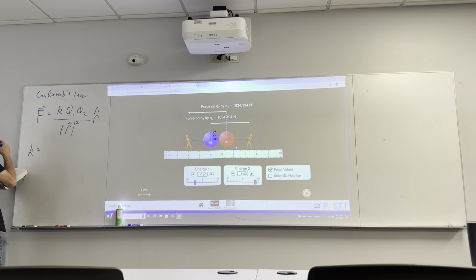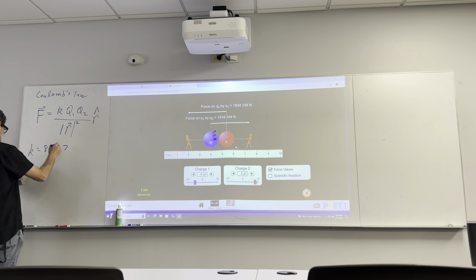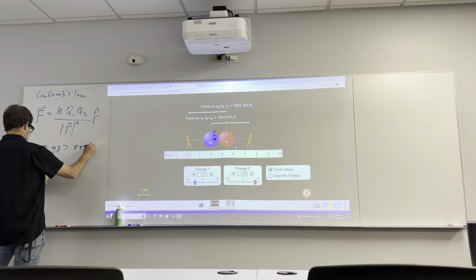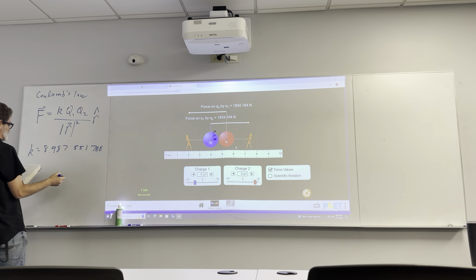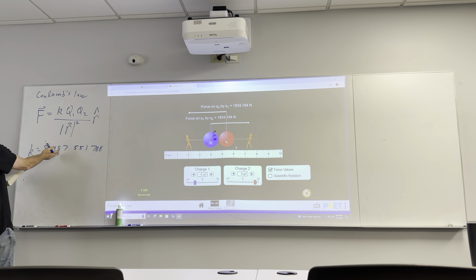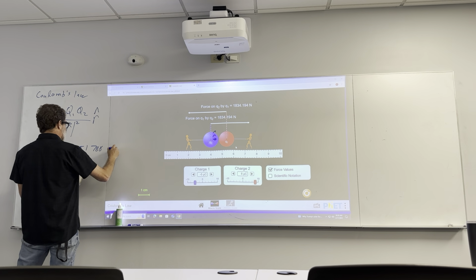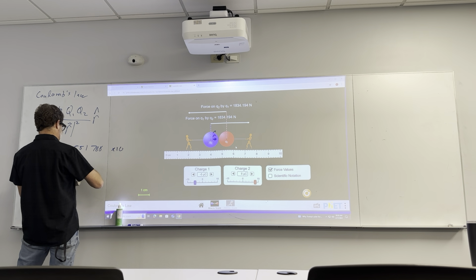So K equals 8.987551788, times 10 to the 9th, newtons meters squared per coulomb squared. This thing is really measured. I can't believe they even have that many digits for it. We probably just need like 3, but I give it to you.